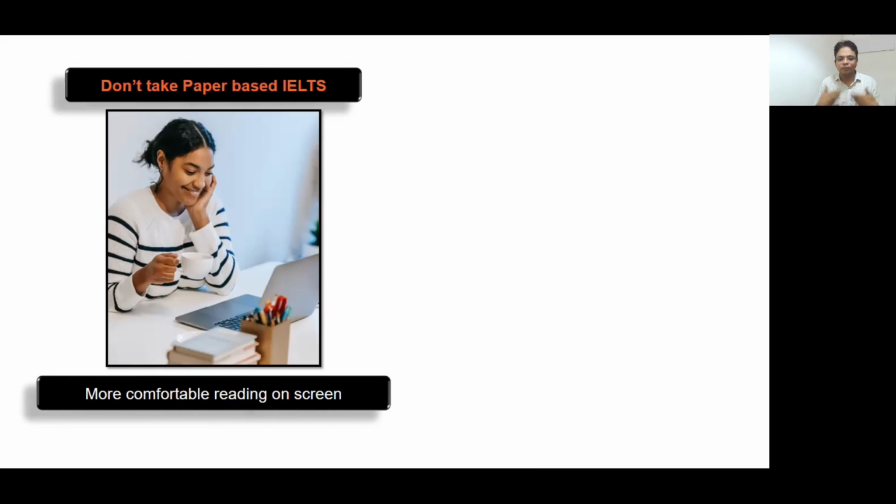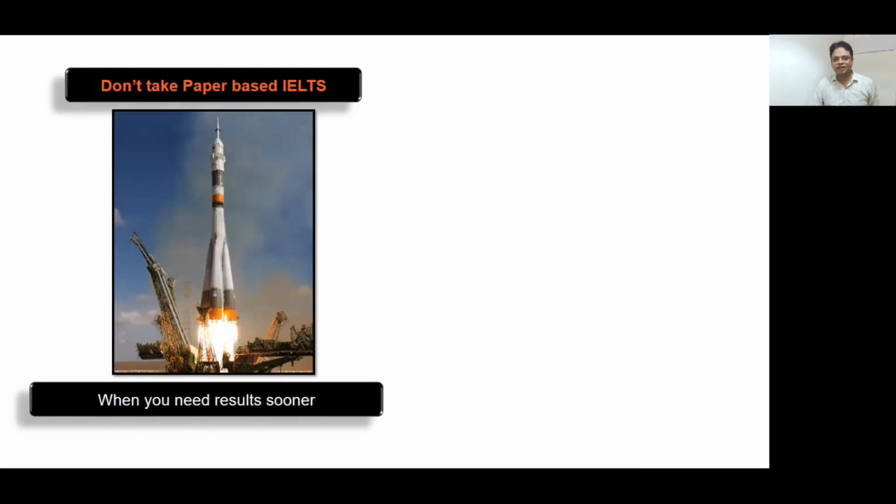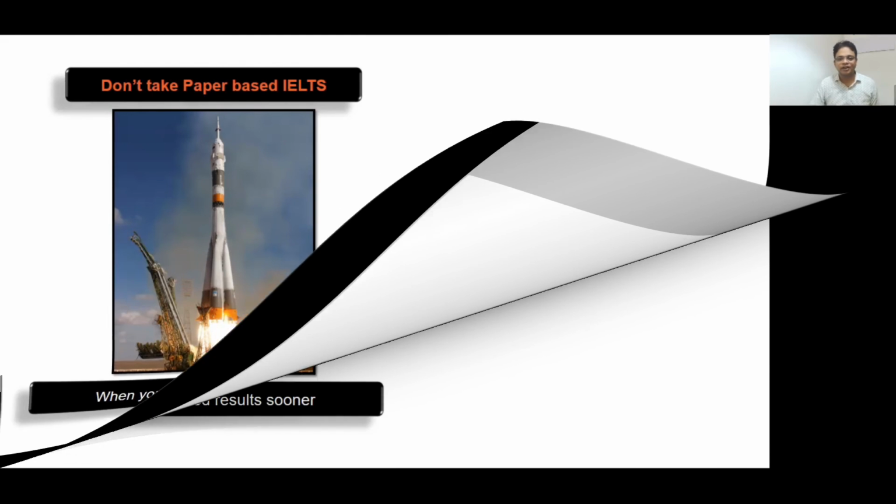So better you take the computer-based exam. And of course, last but not least, if you need your results faster, you do not have time to apply for colleges or universities, and the deadlines are approaching, in that case go for computer-based IELTS if it's necessary, right?